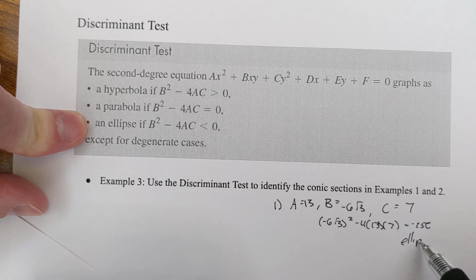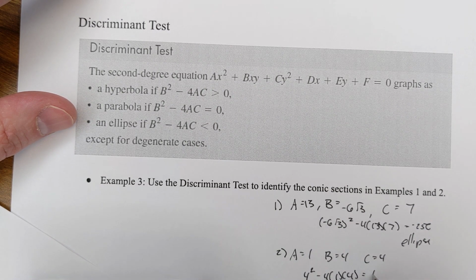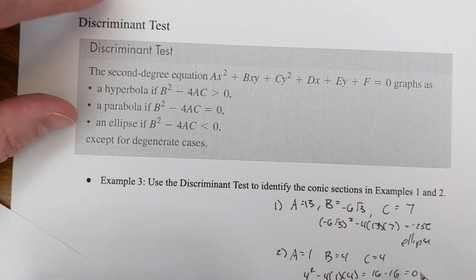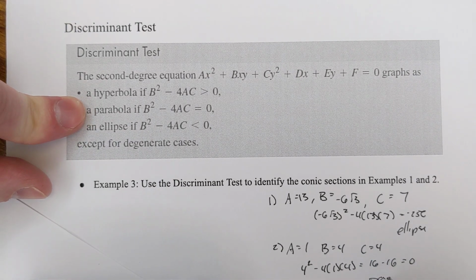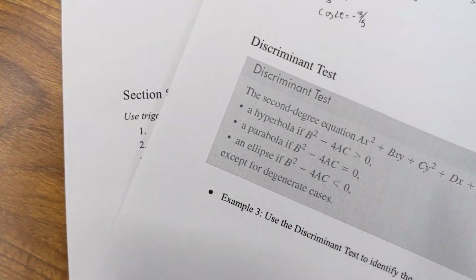Ellipse, yay. For example 2, A was 1, B was 4, C was 4. So B squared minus 4AC is 16 minus 16, which is 0. And according to this, it was a parabola, which has 1 square term. So that's how you can quickly tell which one is which.